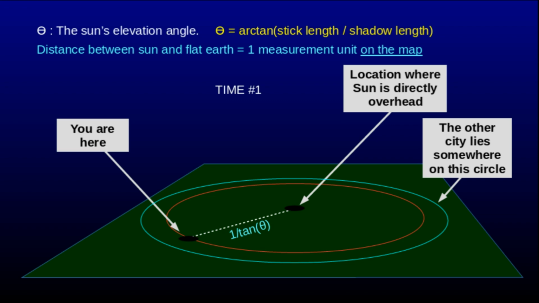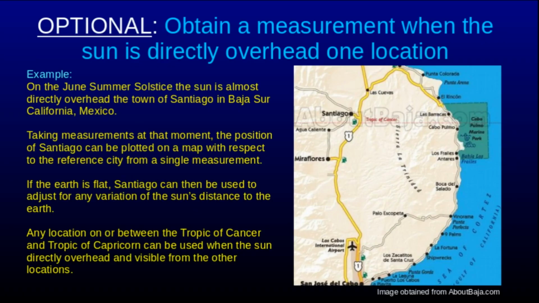In order to pinpoint his position, we'll have to do measurements at another time. Now this is completely optional, but I recommend doing this because you get 2 cities on your map for the price of 1 measurement. Other than that, you don't really have to use it, but we'll see later it has another advantage as well.